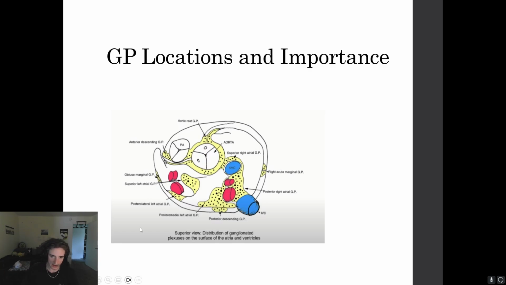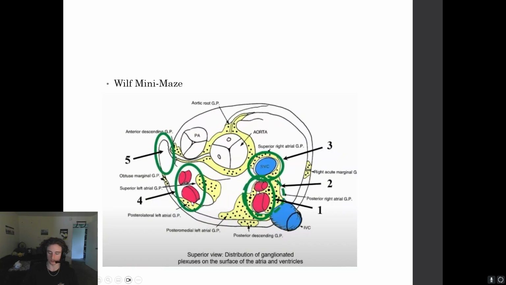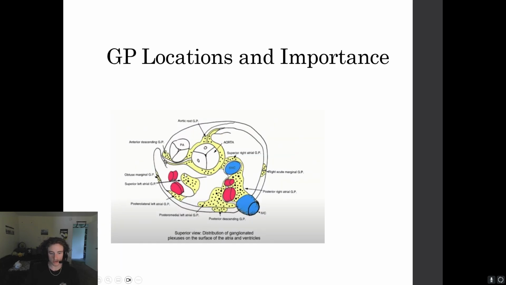It's just kind of blasting. That's one of the reasons why these areas are arrhythmogenic, because there's this huge area of innervation right here. So this area becomes really important in trying to understand how to fix AFib. So, like I said, ablation of the GPs leads to a decrease in AFib.